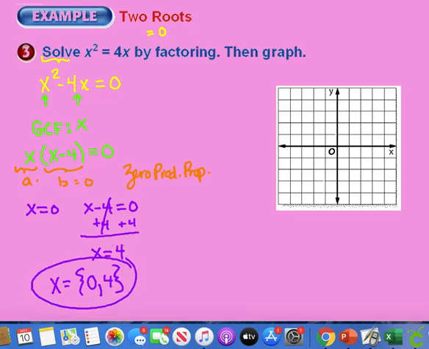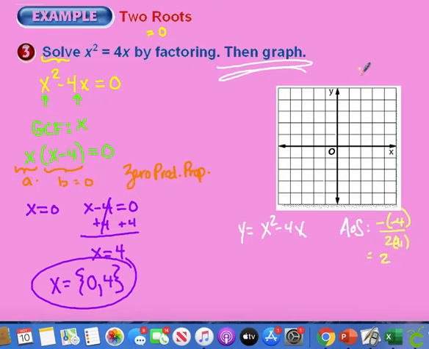Now it says, let's check this by graphing. So if I recall graphing this function, which is x squared minus 4x, I want to find the axis of symmetry first. My axis of symmetry is located at negative b over 2a, which is positive 2.